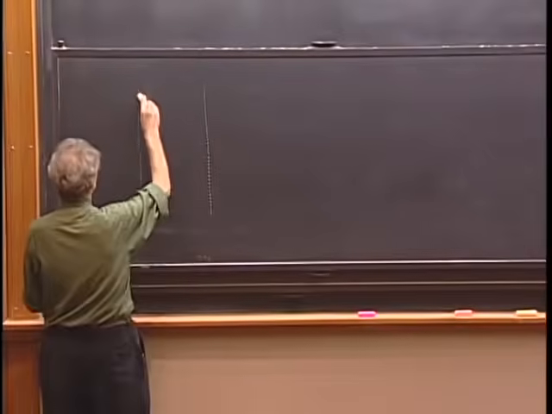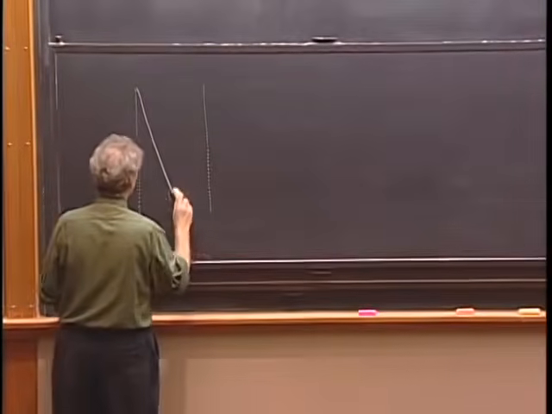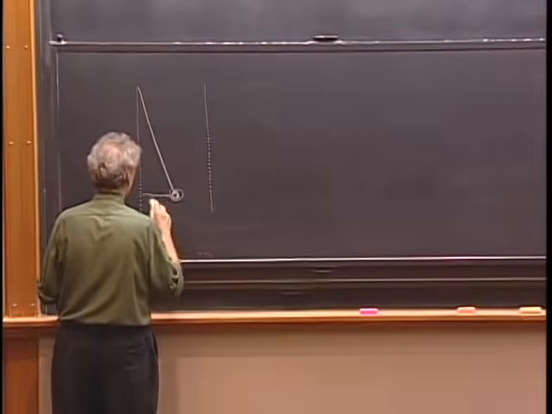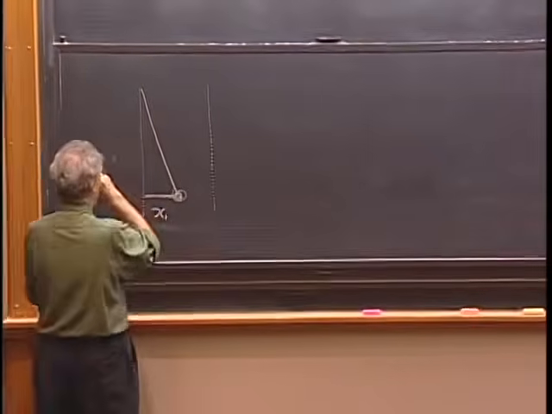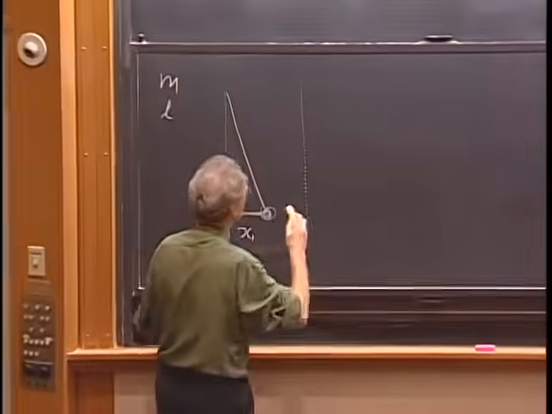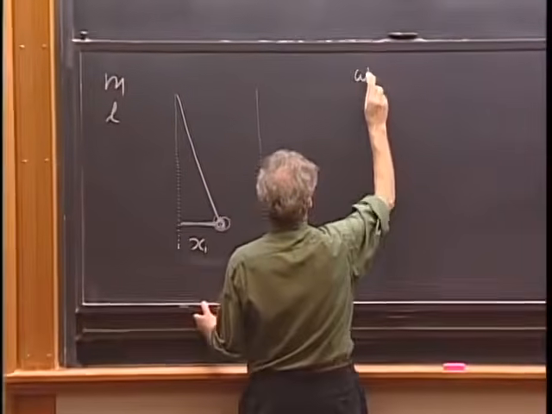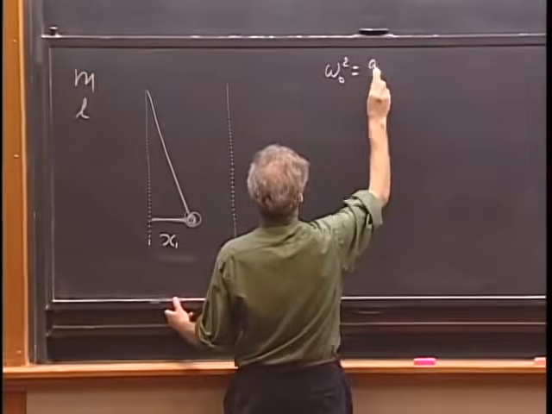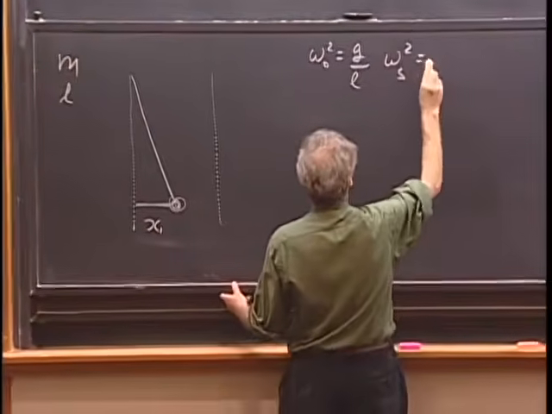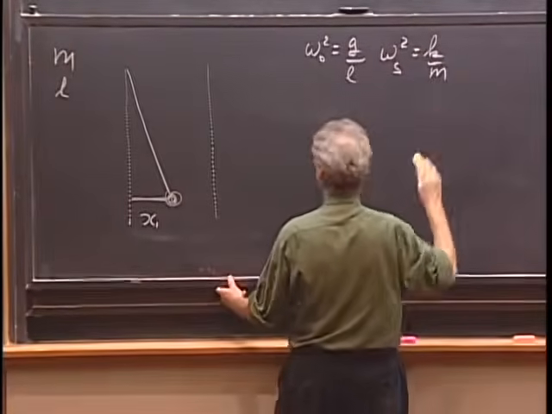Okay, if you're ready. I'm going to offset the first one over a distance x1. So they have mass m, they have length L, to remind you. And we are going to have omega 0 squared equals g over L, and omega s squared equals k over m.